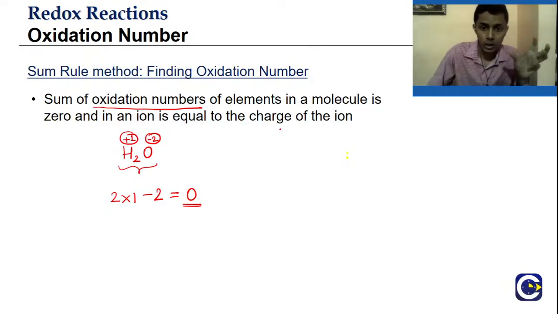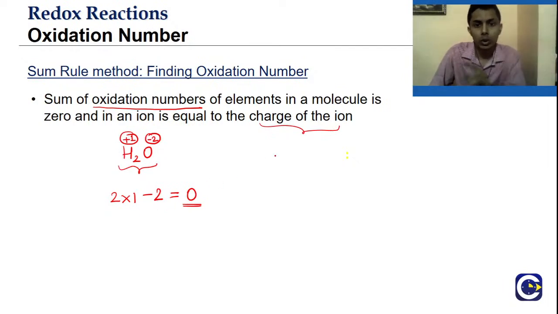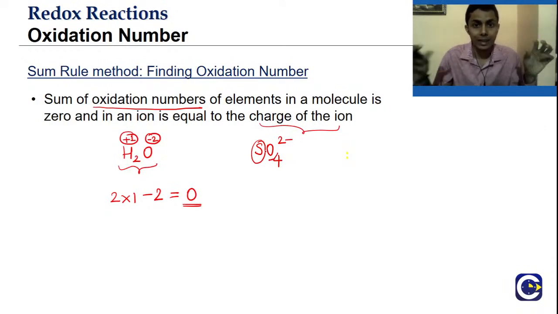And if there is any charge on the ion, then the algebraic sum will be equal to the charge on that ion. For example, SO4 2-. In this case, sulfur will have some oxidation number and oxygen will have some oxidation number in a way that when you add all together, it will come out to be -2.